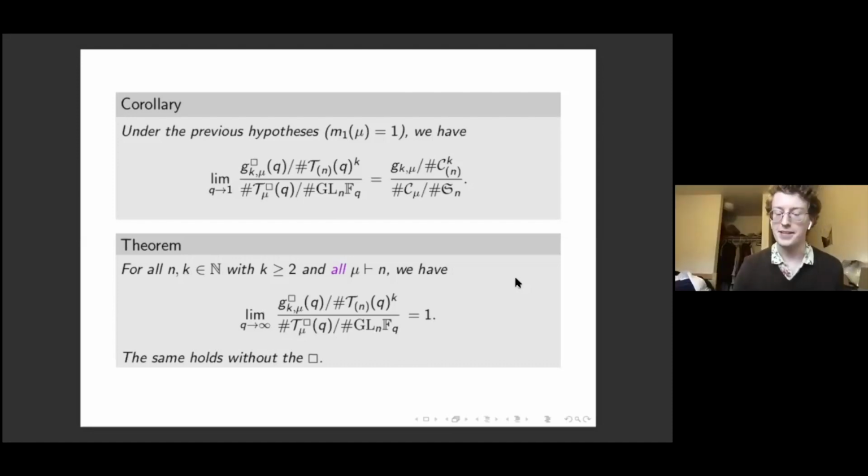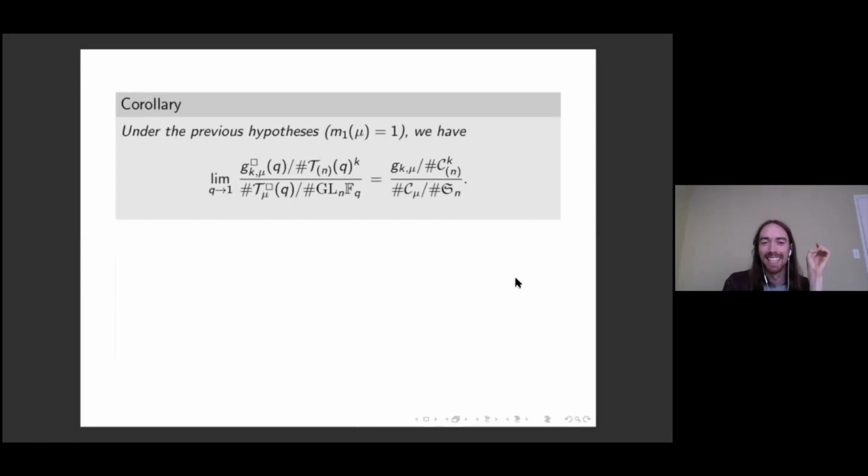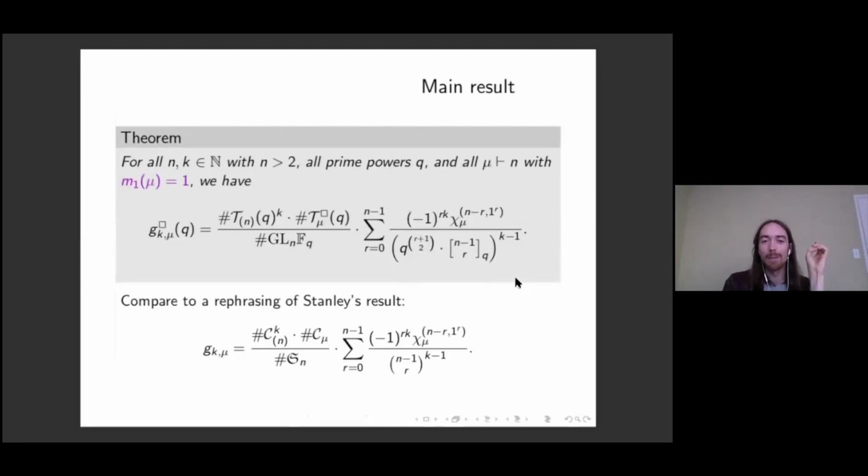There's another comment or question. Jared Alper asks, is the formula in the main theorem wrong if m sub 1 of mu is not equal to 1? Yep, that is not the right formula. And I'll show you in a sec an example where a very different formula has to be true.